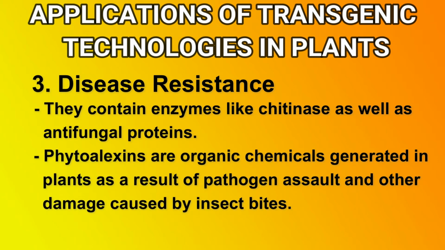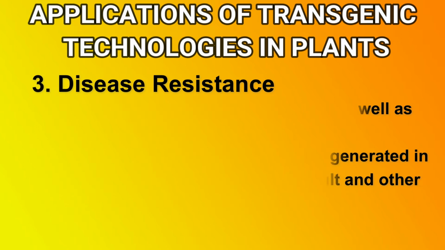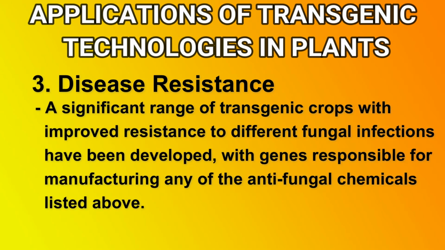Phytoalexins are organic chemicals generated in plants as a result of pathogen attack and other damage caused by insect bites. A significant range of transgenic crops with improved resistance to different fungal infections have been developed with genes responsible for manufacturing any of the antifungal chemicals listed above.